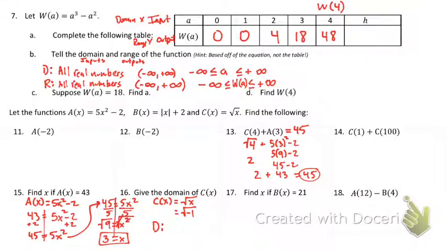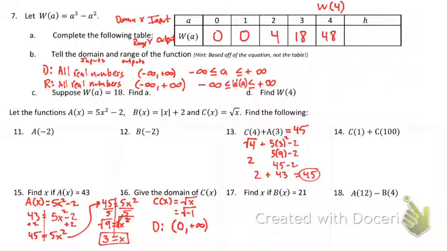So the way we would write that is this. We want to plug in 0. Okay, so we do not want to go below 0 because what's below 0? Negative numbers. So we stop at 0 and we go all the way up to all the positive numbers, which is positive infinity.